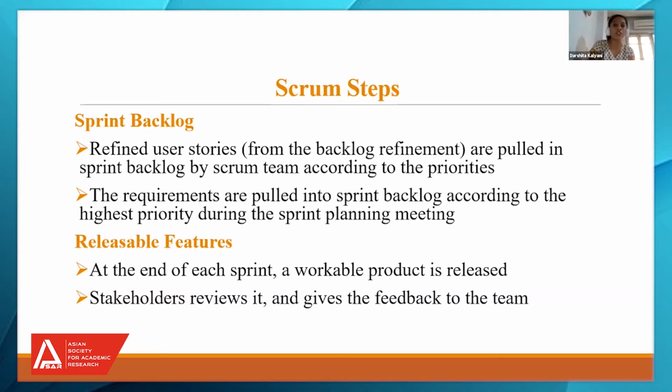All the requirements mentioned in the backlog refinement cannot be implemented in each and every sprint. So the user stories will be implemented according to the priorities set at the sprint planning meeting. And at the end of every sprint, a releasable feature, or we can say a shippable product, is released. The customer reviews it and gives the feedback.